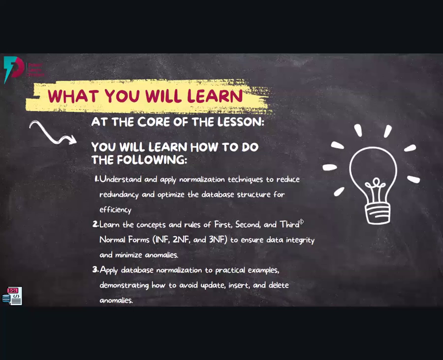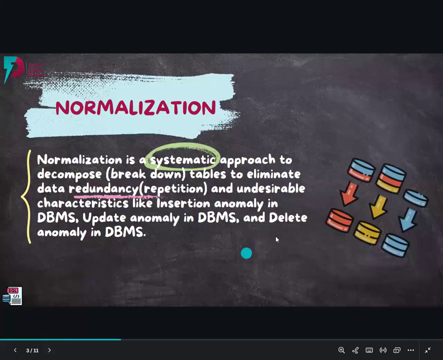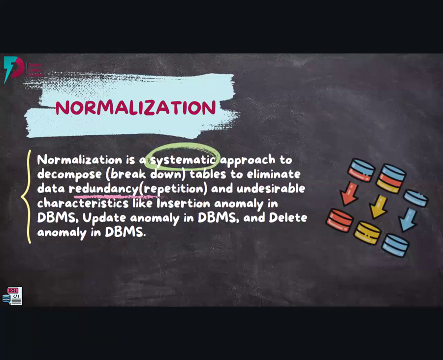But let me now give you an official definition, and then we can see how we can summarize it. Normalization is a systematic approach to decompose, which means to break down tables, to eliminate what we call data redundancy, aka repetition, and undesirable characteristics like insertion anomaly, update anomaly, and delete anomalies.